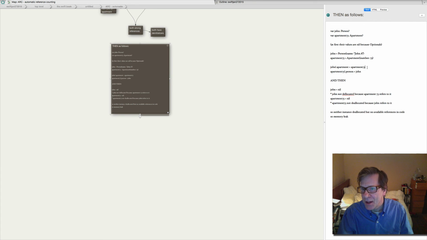Then you assign the apartment instance to the apartment property on John, and the John instance to the person property on apartment. And then you set John equals nil. John will not be deallocated because apartment 73 still refers to it. The apartment object still points at John, so it's not deallocated. Now if you set apartment 73 to nil, apartment 73 is not deallocated either. You've simply eliminated a reference to it from the local variable. John still exists, floating out there in limbo, and still refers to it. Okay?